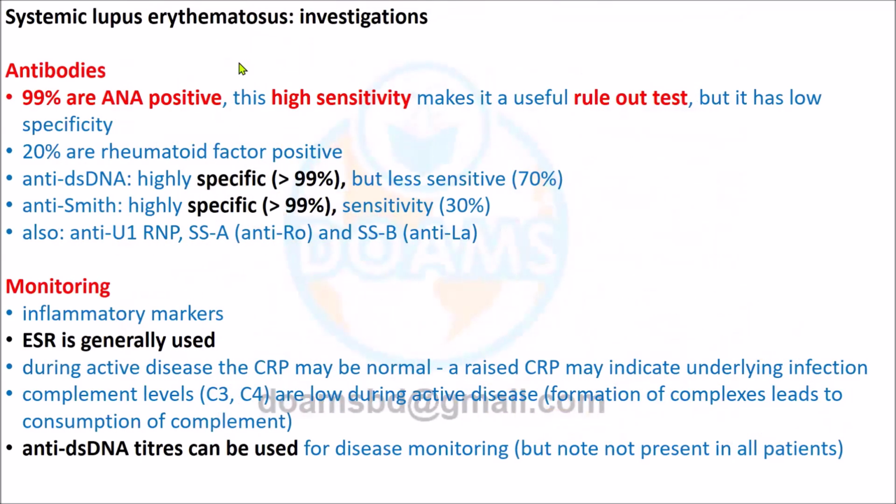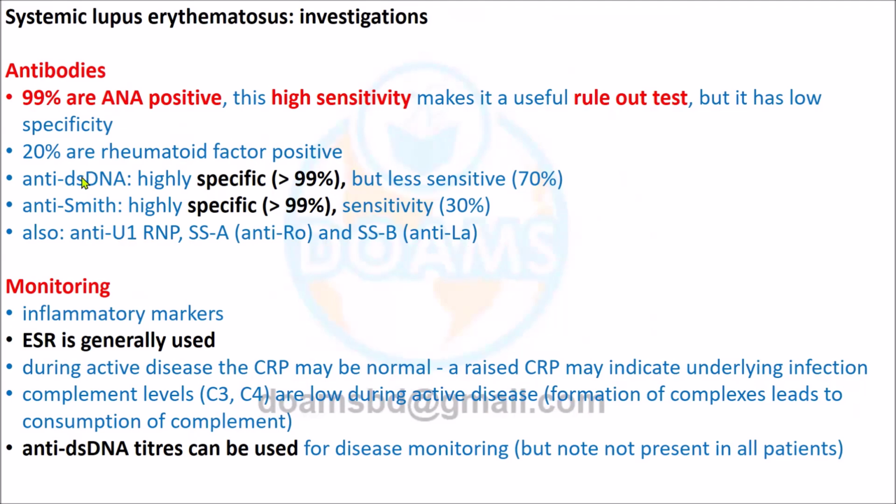Just look at this when we go through SLE, especially the investigations. We are reading it this way: the anti-nuclear antibody is positive in 99% of patients, and it has high sensitivity, and it is useful to rule out, but low specificity.